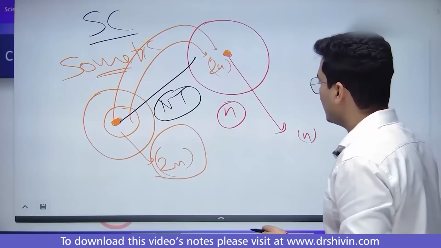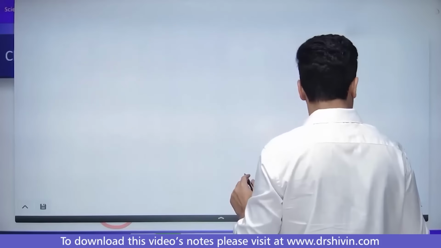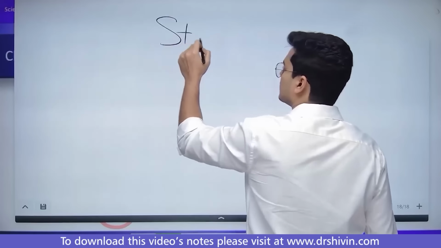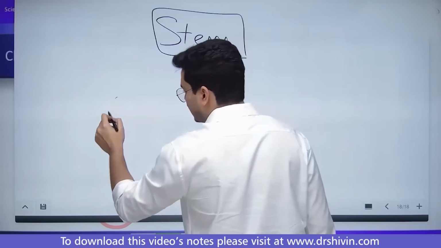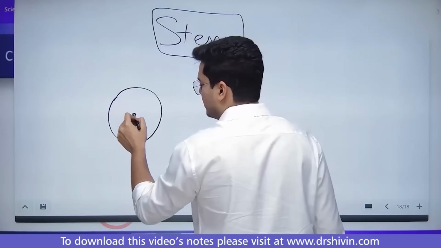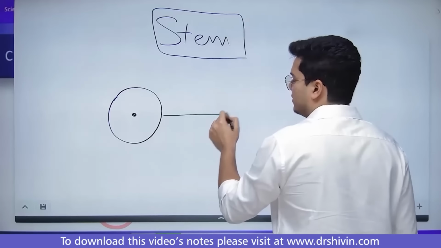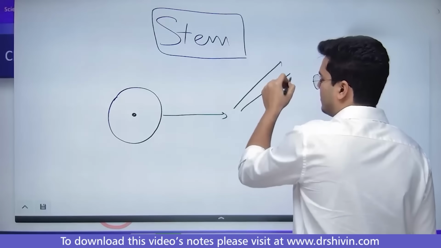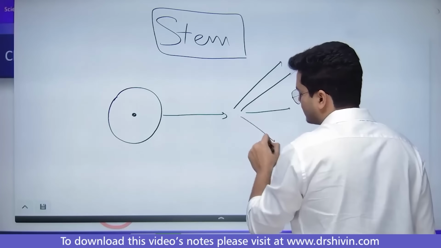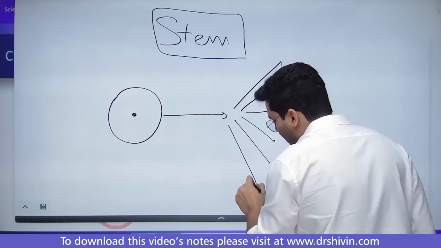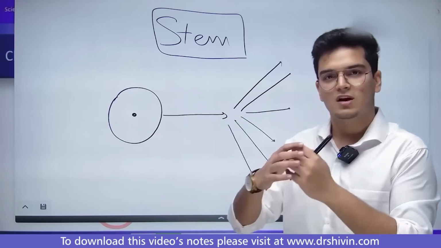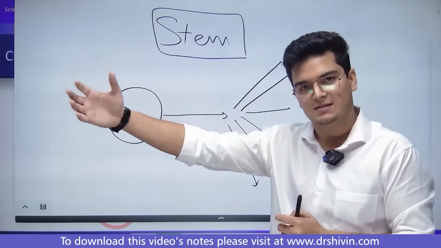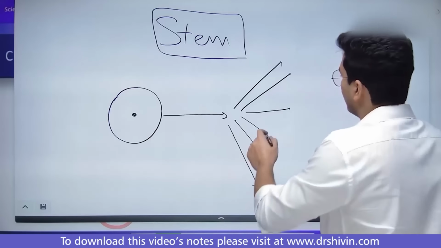Okay, now what are stem cells? Stem cells are the cells that have the ability to divide and form many other cells, sometimes with the ability to form the entire individual. Cells that have the ability to divide and form various things.